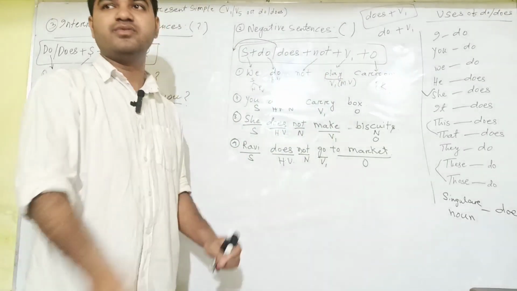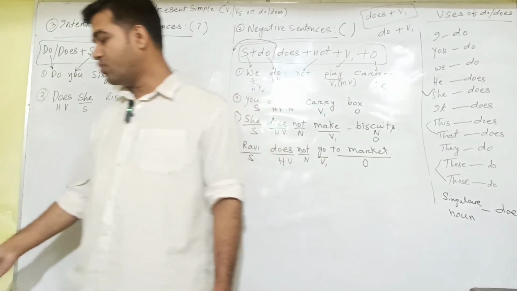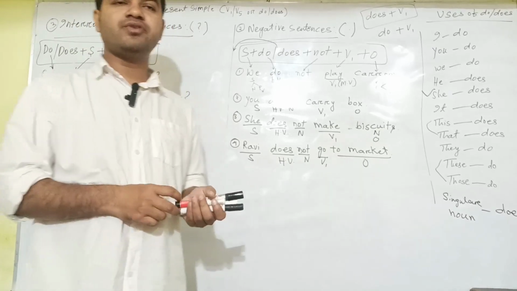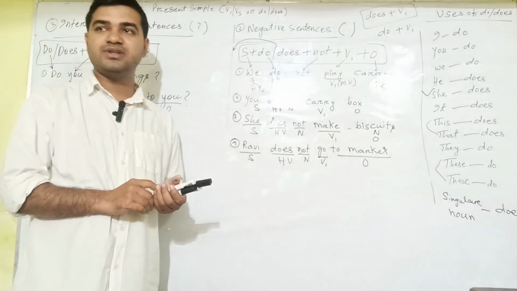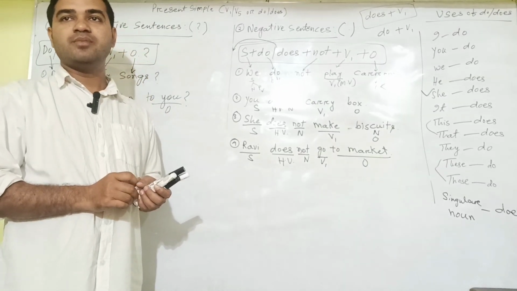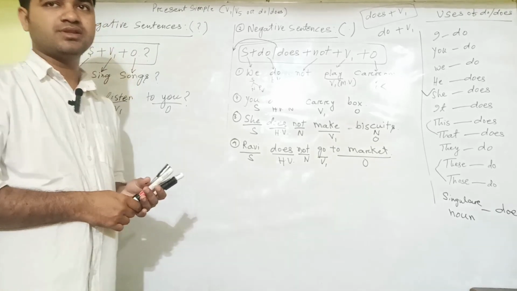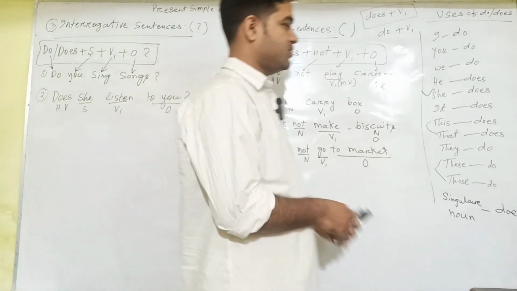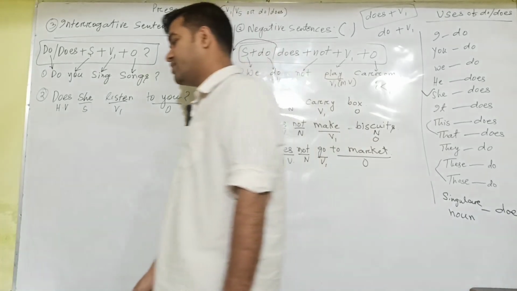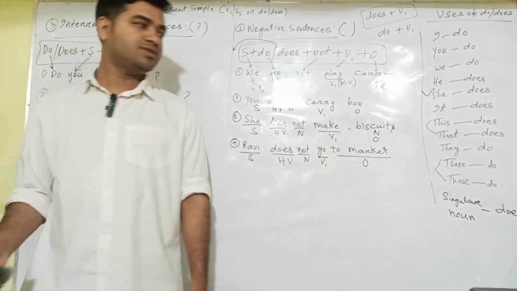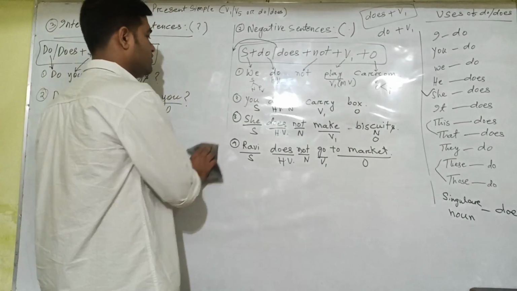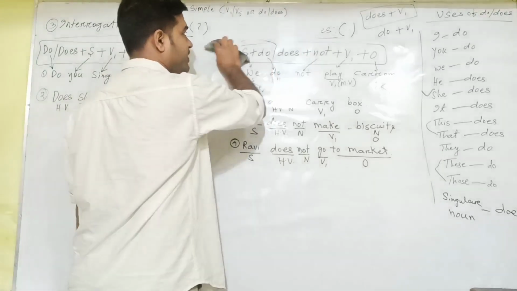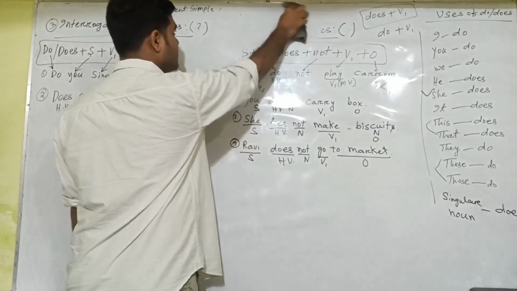Non-finite does make a lot of confusion in grammar. And what is a transitive verb, intransitive verb, what is a causative verb, what is a dynamic verb, what is a main verb, what is a helping verb, what are modals, everything you should know. If you know these types of verbs in great detail, then you will be able to do tense, passive, active, normal grammar.